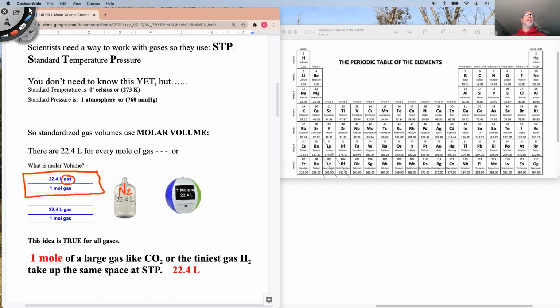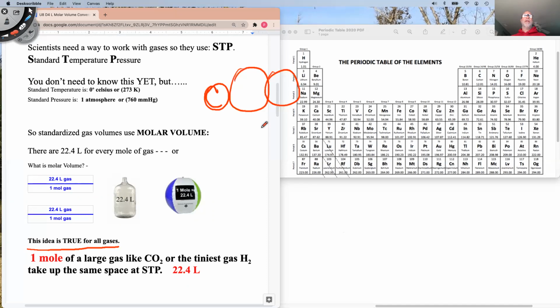So all gases are going to have the same volume at STP. And it says it here: this idea is true for all gases. 1 mole of a really big gas like carbon dioxide is going to take up the same amount of space as this little tiny hydrogen gas particle. So it doesn't matter, at STP, 1 mole equals 22.4 liters. And we'll be using these conversion factors to solve.